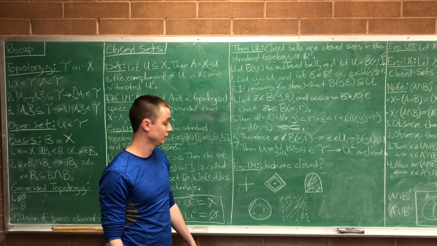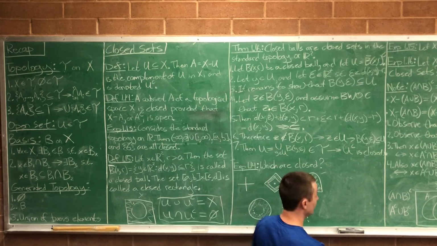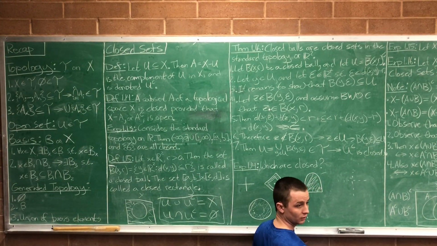Why would that be closed? Because its complement is open. So let's look at its complement. Its complement is everything except for these points and these points, right? You see it now? Okay.